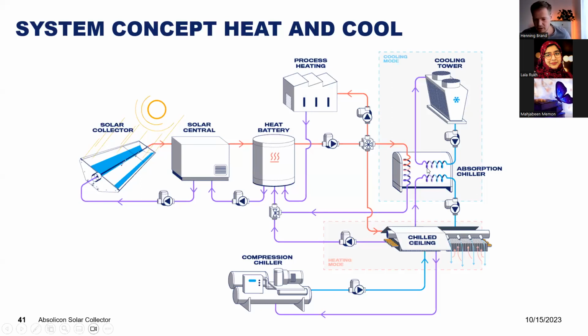They're using an absorption chiller. So there again, we have the solar thermal collector, we have the solar central, we store that in the heat battery, and then the heat goes to those processes, whether this is a dairy or the different heating demands for different industry.